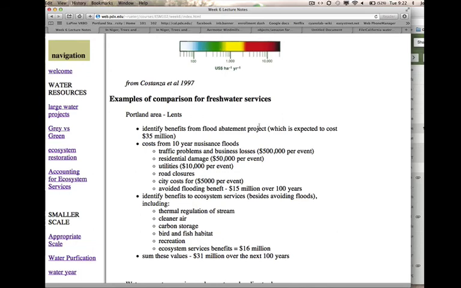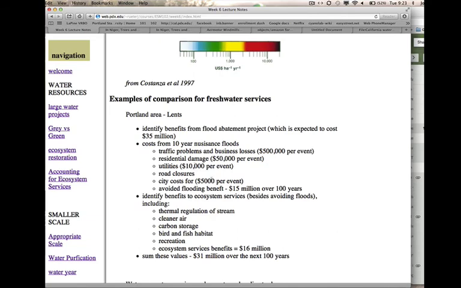So they expected this would cost about $35 million. And they calculated what are the costs of these nuisance floods over a century, and every 10 years there's a nuisance flood. Not a lot of direct damage from the flood, it's just floods the local businesses in the streets, and it causes traffic problems, it causes a little bit of residential damage, because again, these are flood zones, so houses have been moved out of it.